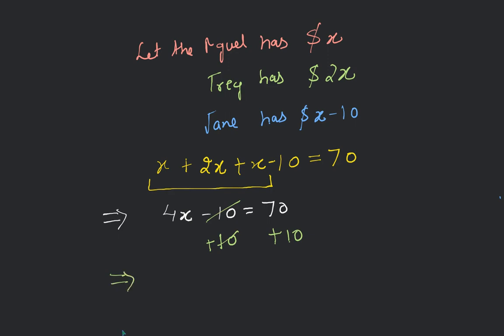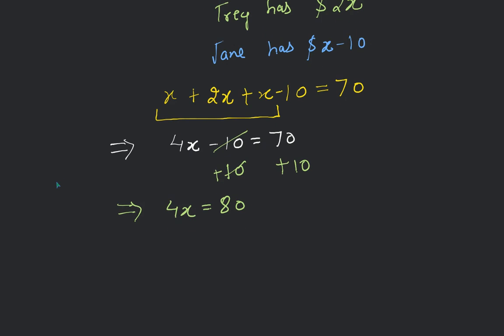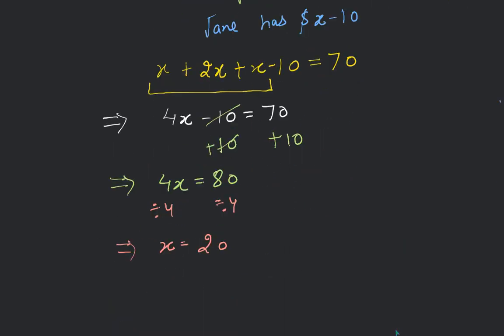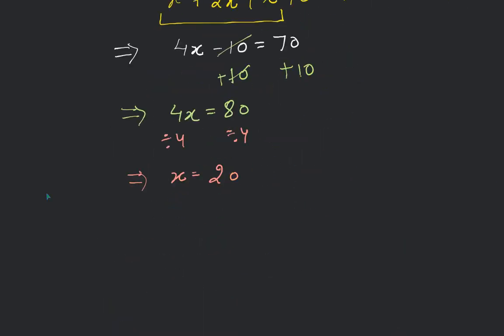Adding 10 to both sides will cancel out the 10 from the left hand side, and we will have 4X equals 80. When we divide both sides by 4, 4 divided by 4 is 1, so we'll have X on the left hand side, and 80 divided by 4 is 20. So Miguel has $20.